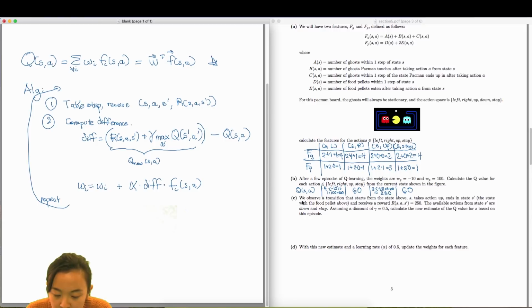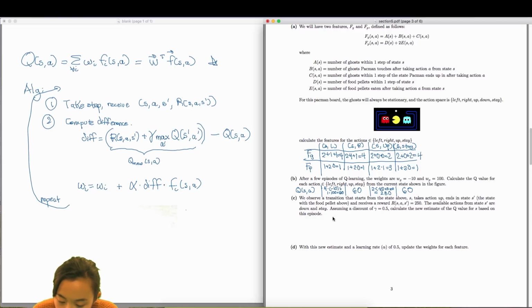Okay, so for part C, they're telling us that we're taking up from state S and then traveling to S prime, which is just the spot above, and then receiving a reward of 250.